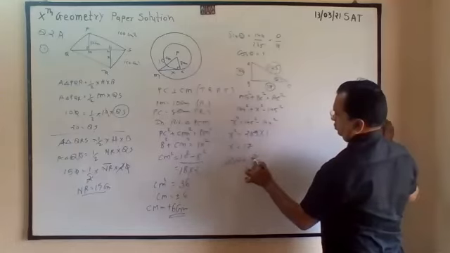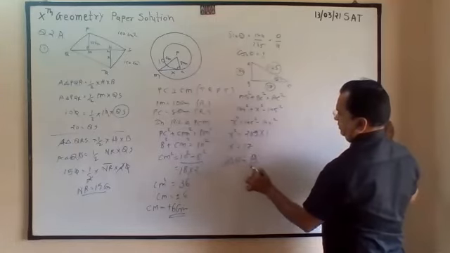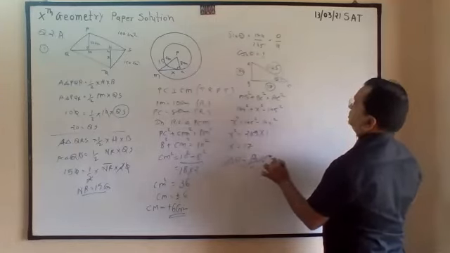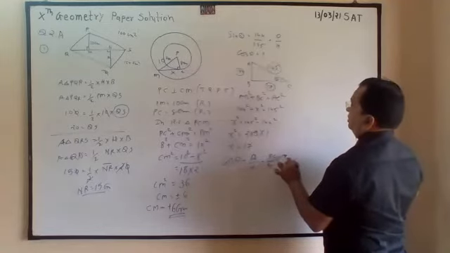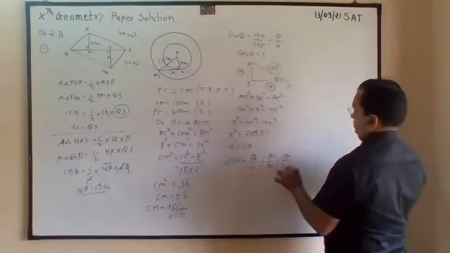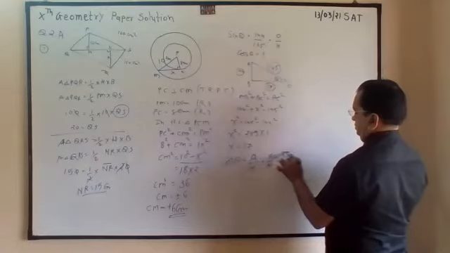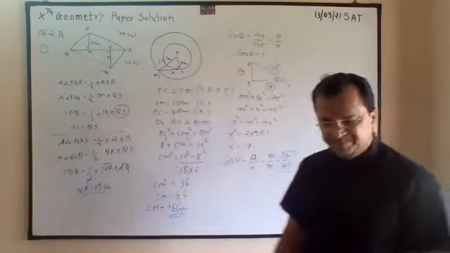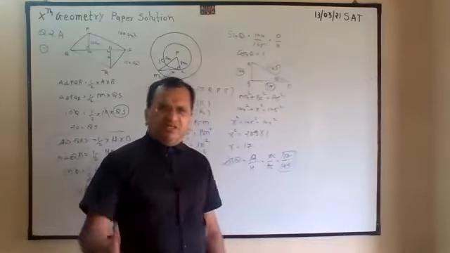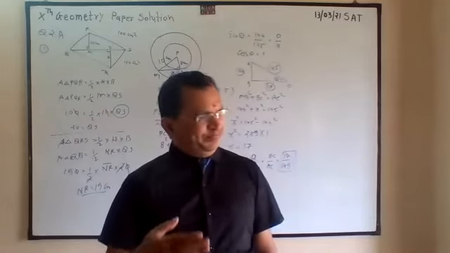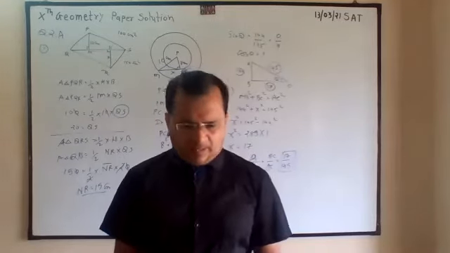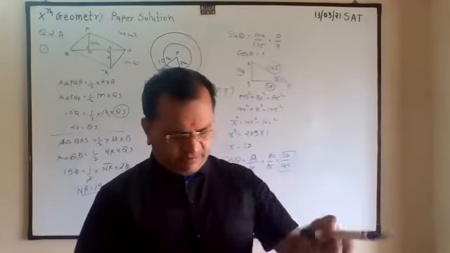Cos theta is equal to adjacent by hypotenuse. What is adjacent? What is hypotenuse? What is BC? By formula also you can do it: sin square theta plus cos square theta is equal to 1. That is also a very good method.